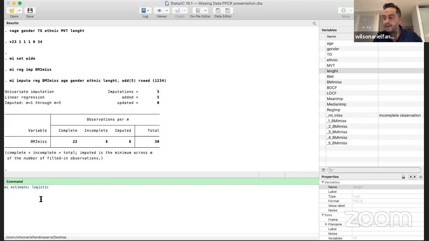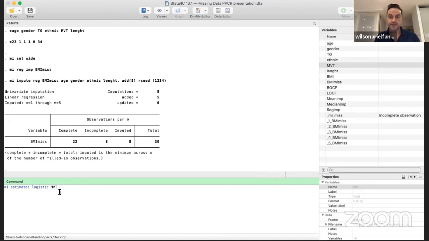Because you're going to run a logistic regression model, the outcome variable is not going to be the BMI miss anymore, but the MBT, which is my original outcome, the outcome I'm interested in.